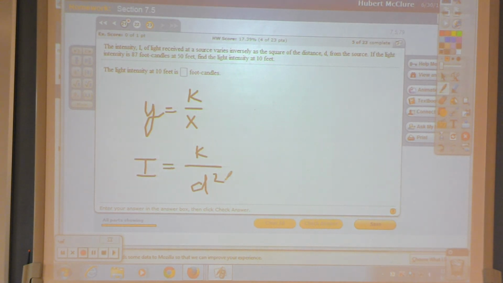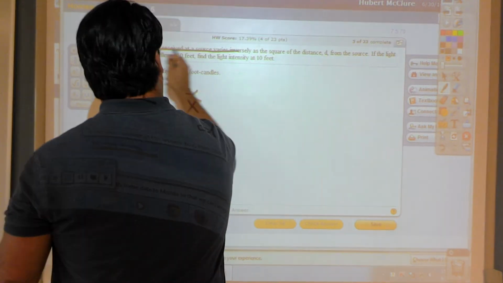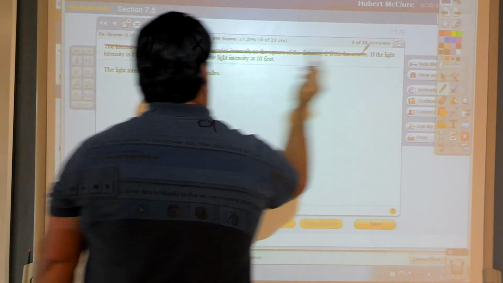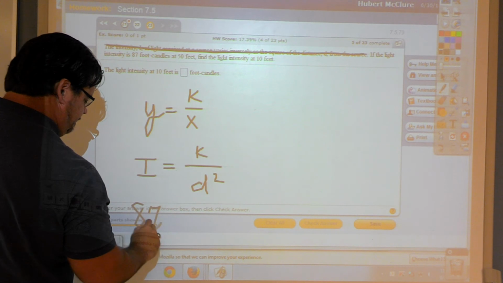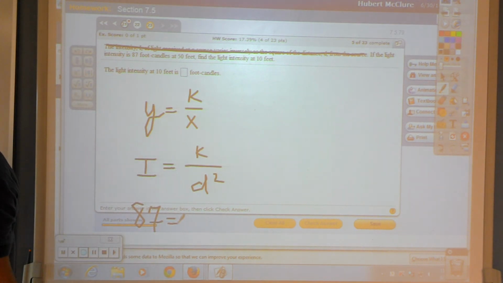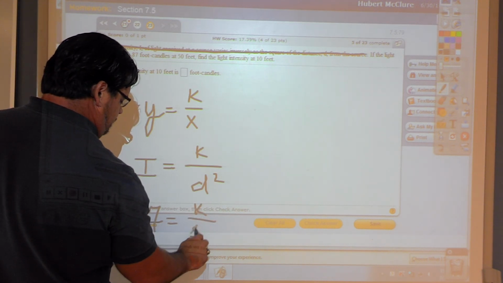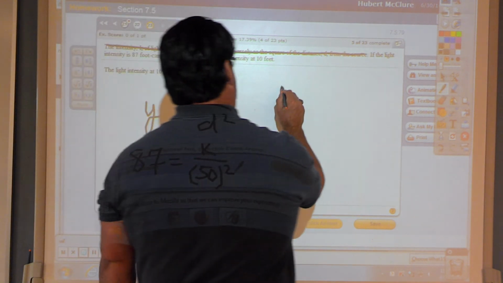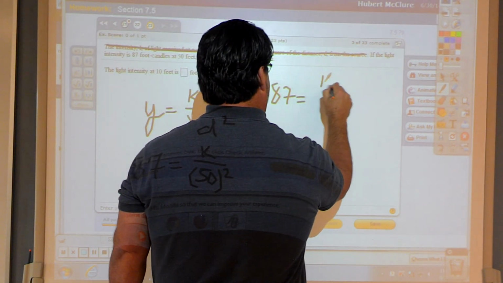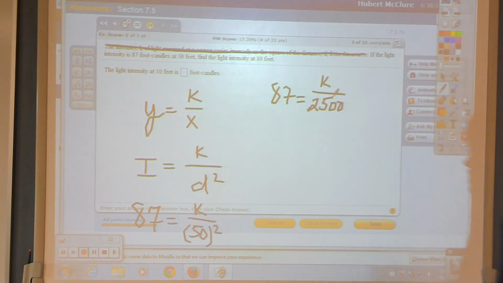All right. So that takes care of all of this. If the light intensity is 87 at 50 feet, then that's going to be 87 is equal to K over 2,500.